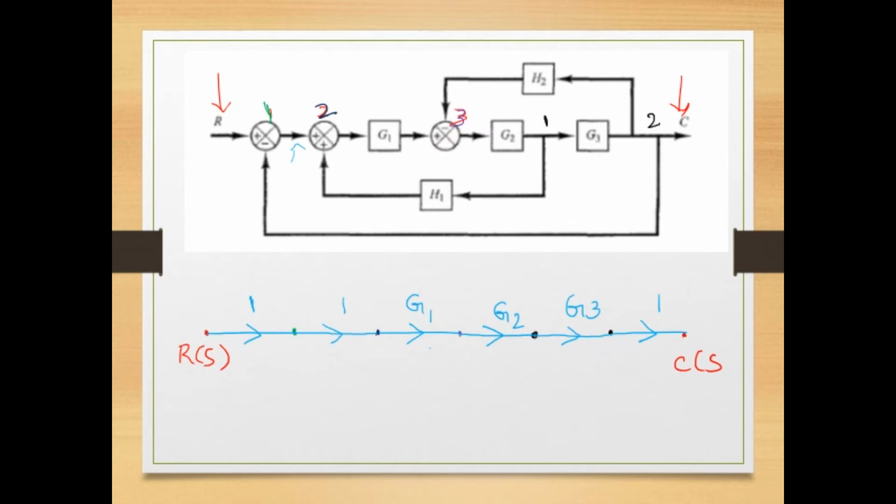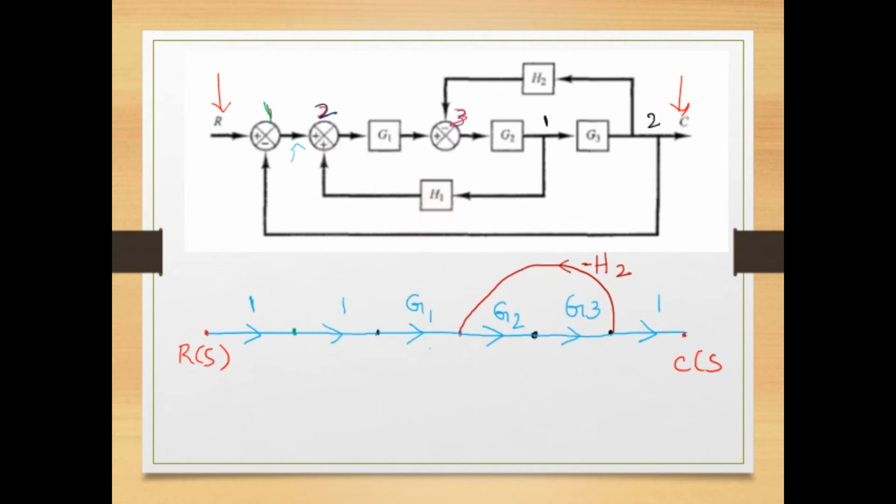From the second takeoff point to the third summing point, there is a signal which is H2, okay, but the sign is minus. So I will write it as minus H2. The gain is minus H2. Next, I represent this one. From the first takeoff point to the second summing point, the gain is H1 with a plus sign.